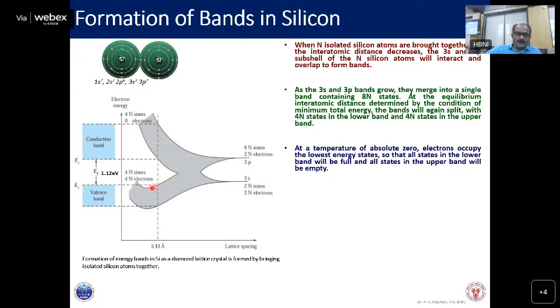So now you will have 4n states here, and another band where you will have 4n states here. So in equilibrium, you will have 4n states in the lower band and 4n states in the upper band.